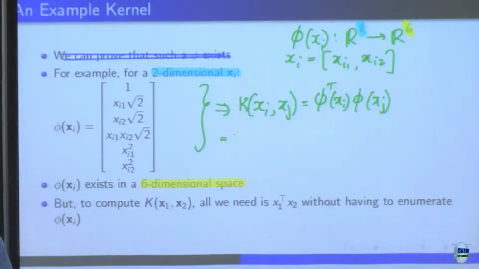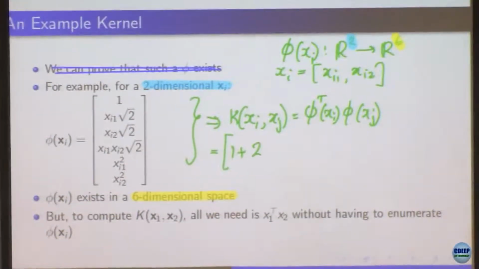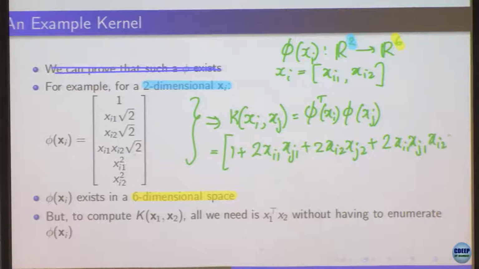So what is this? 1 plus 2 times xi1 xj1 plus 2 times xi2 xj2 plus 2 times xi1 xj1 xi2 xj2 plus xi1 square xj1 square plus xi2 square xj2 square.